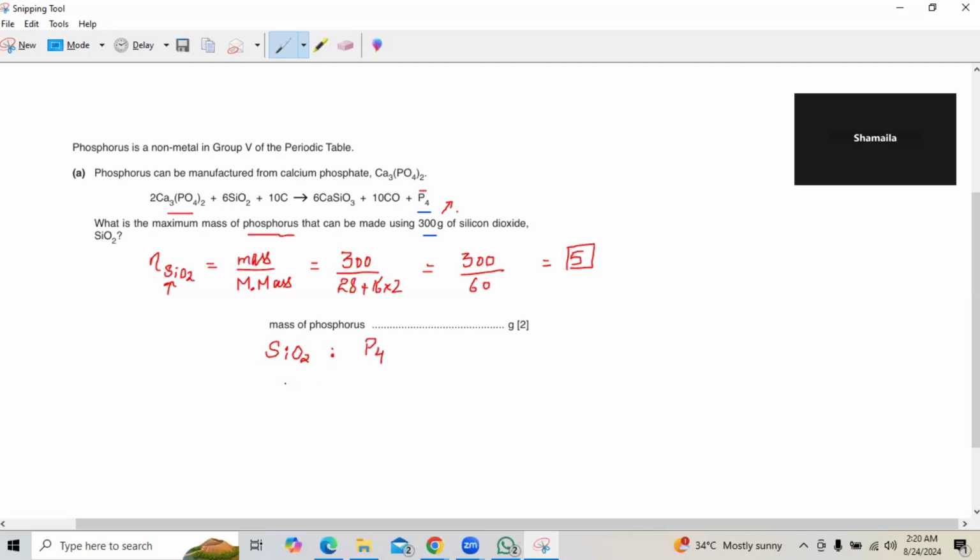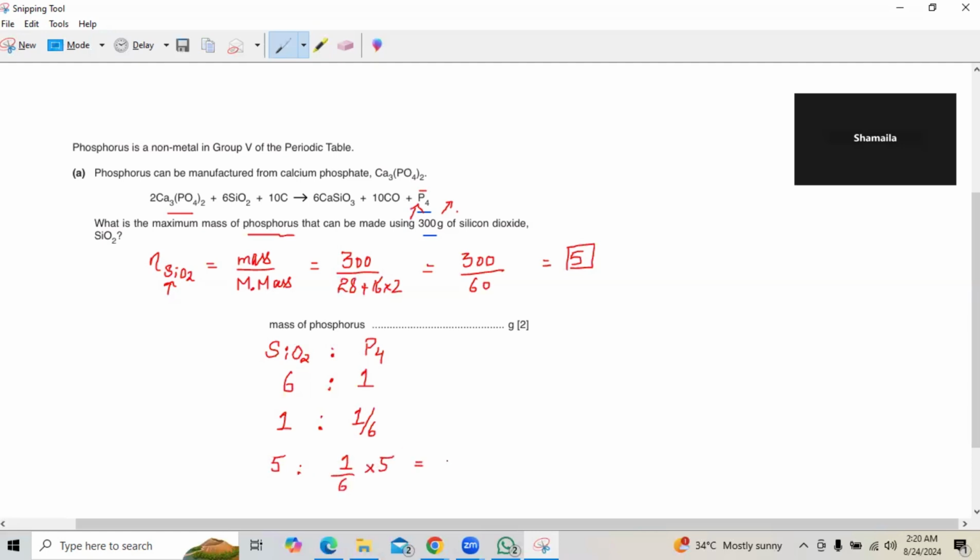According to the equation, 6 moles of silica react to produce 1 mole of phosphorus. Now, if there would be 1 mole of silica, then there would be 1 by 6 moles of phosphorus, because 6 comes here. But if there would be 5 moles, then it would become 1 by 6 multiplied by 5.